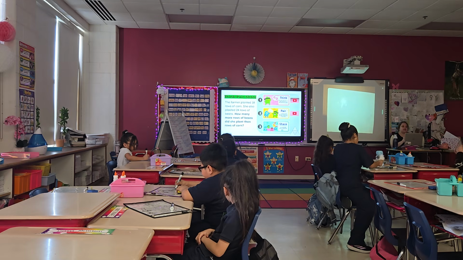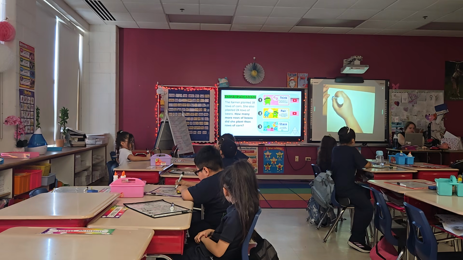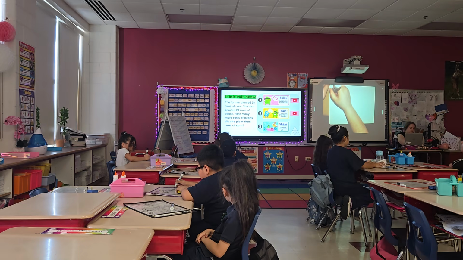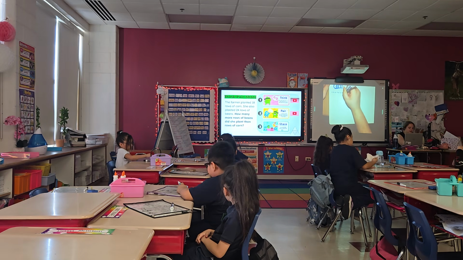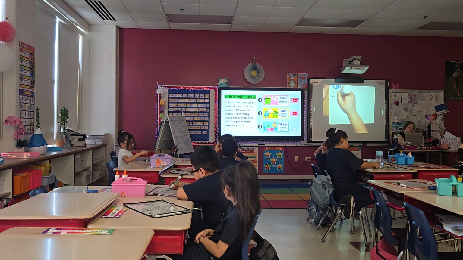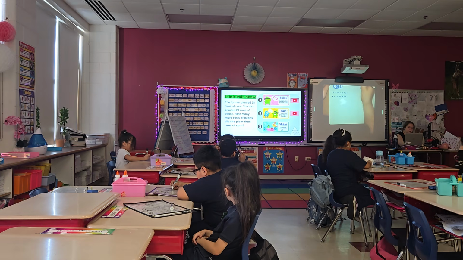The farmer planted 18 rows of corn. So first I would do corn and draw a picture. 1, 2, 3, 4, 5, 6, 7, 8, 9, 10, 11, 12, 13, 14, 15, 16, 17, 18. Okay, and then I would do beets.